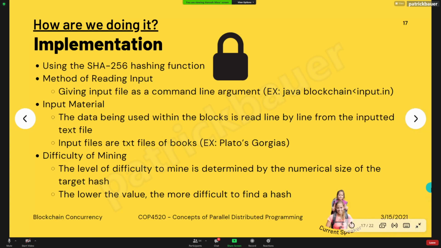This is not the way Bitcoin or Ethereum or any other blockchain really does it. Our transactions, there's only one transaction per block. And then the difficulty of mining. So we define a level of difficulty in the code. And the lower the value of that difficulty, the more difficult it will be to find a hash.